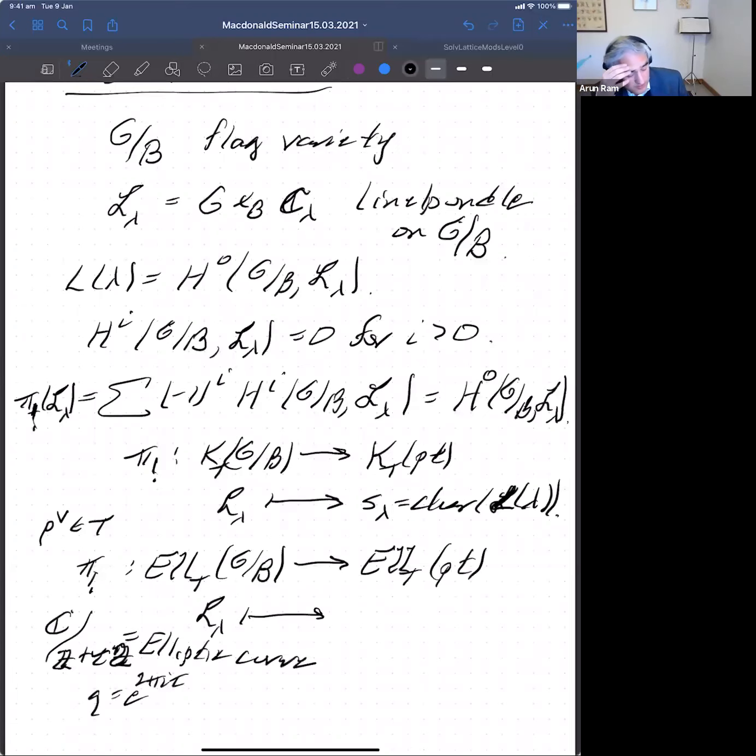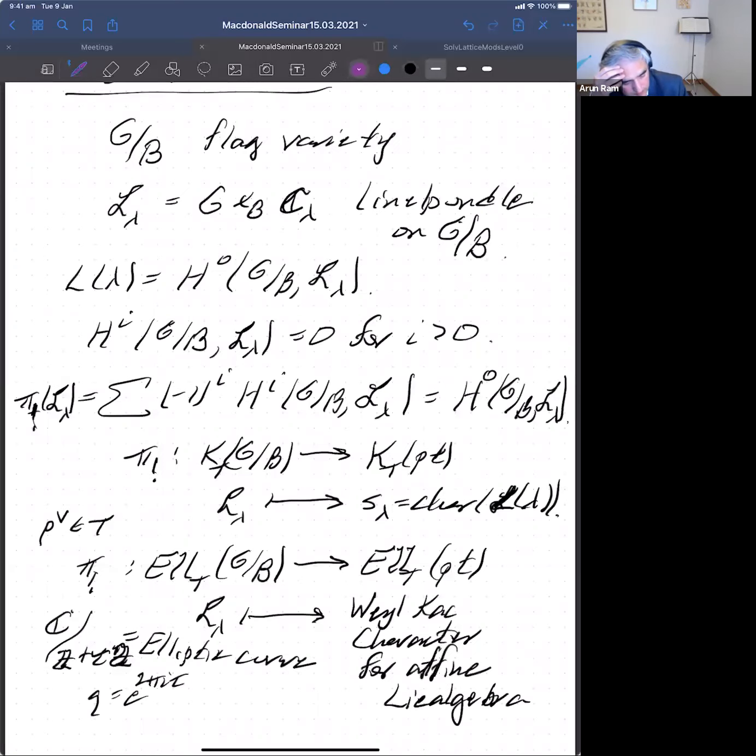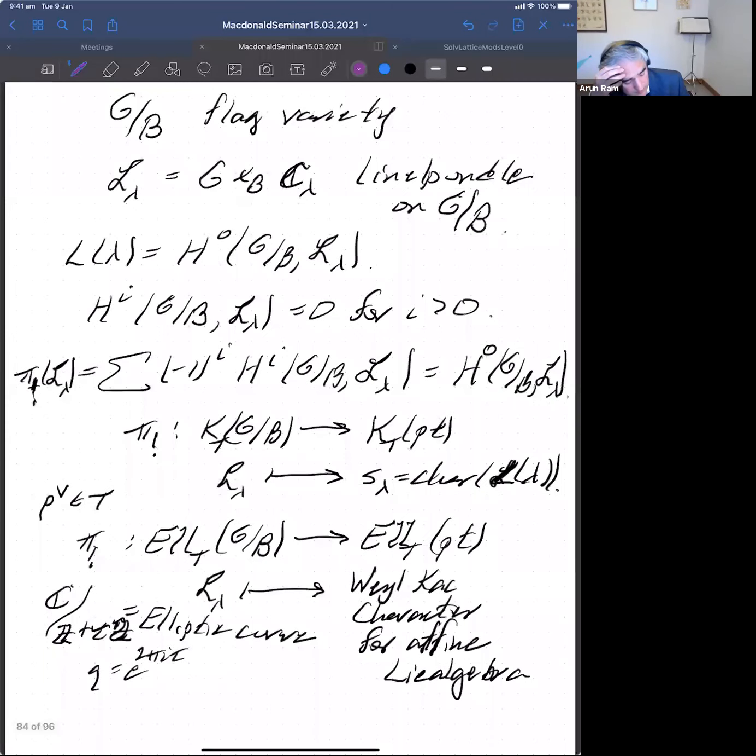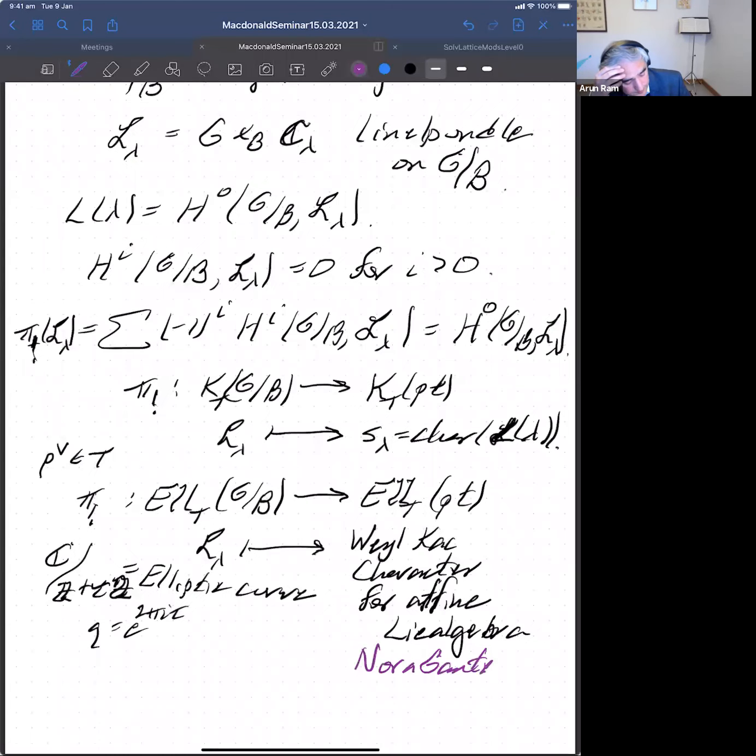And actually, Nora Ganter has proved that this is essentially the Weyl-Kac character formula for the affine Lie algebra. This is the result of Nora Ganter. Okay, so the point is that I'm trying to say things which we don't really understand, but somehow this elliptic cohomology is picking up now the affine.